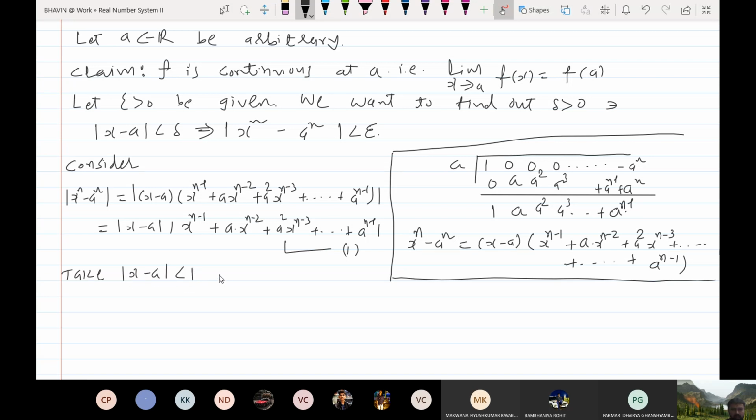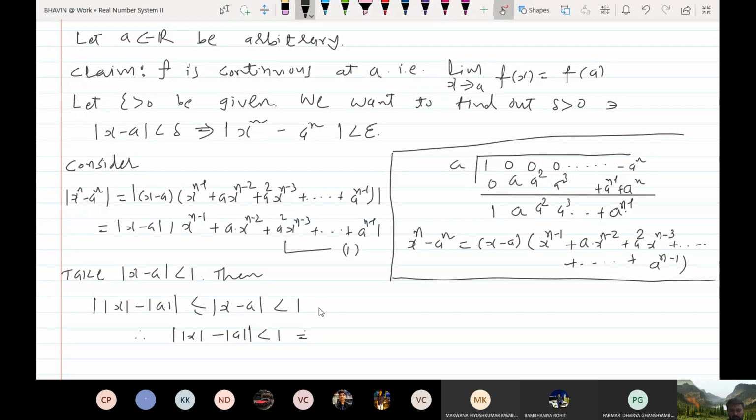less than 1. Then we know that from the triangle inequality, modulus of x minus modulus of a is less than or equal to modulus of x minus a, and this is less than 1, that we have assumed. So now let me put this together. Therefore modulus of x minus modulus of a is less than 1.